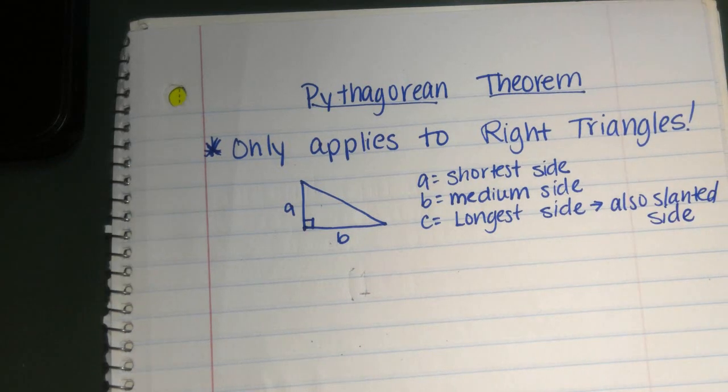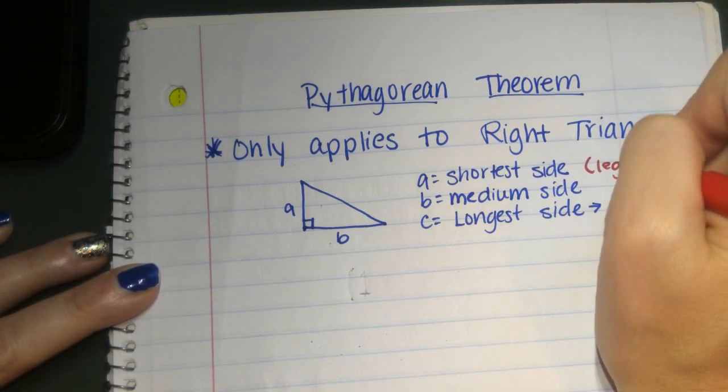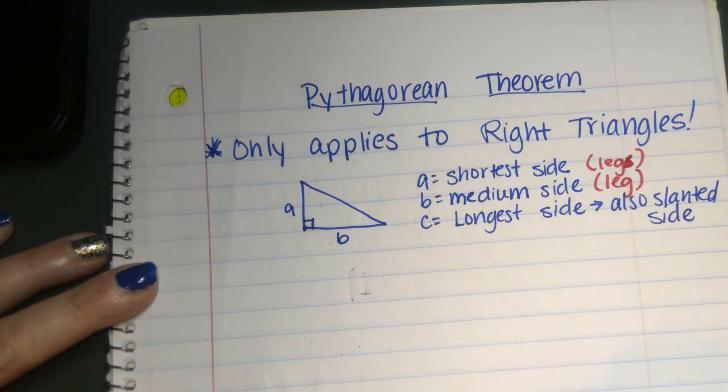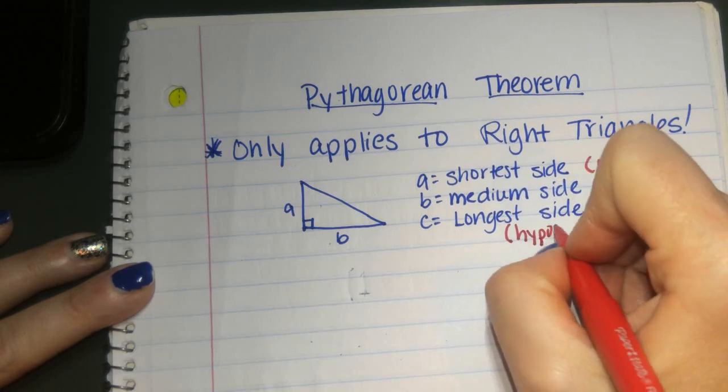And we have other names for these sides. We call A and B legs. And then C we call the hypotenuse.